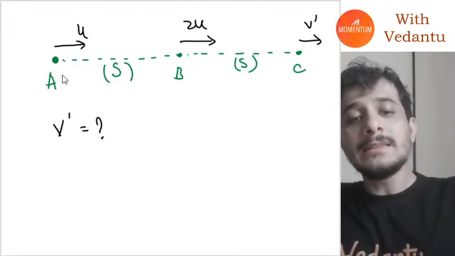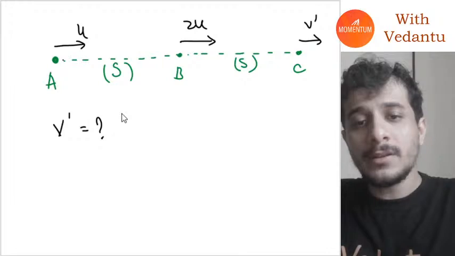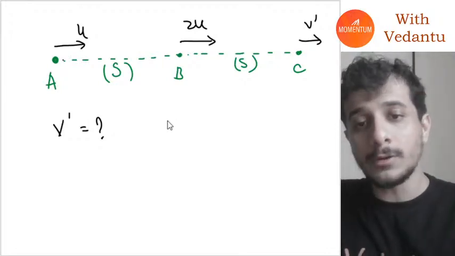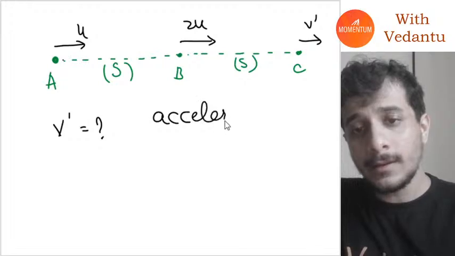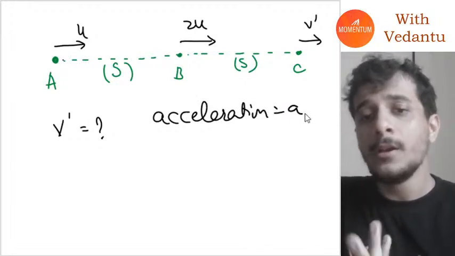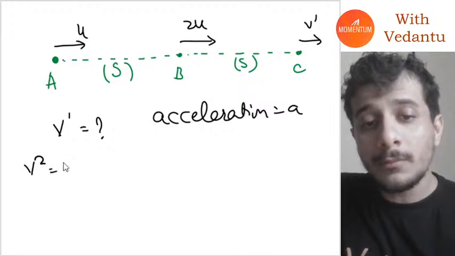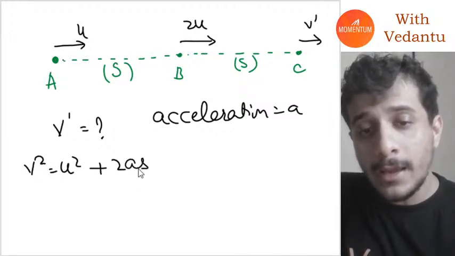Now in this case, I will assume that the acceleration of this body is equal to a. So I can use the third equation of motion: v square is equal to u square plus 2as.